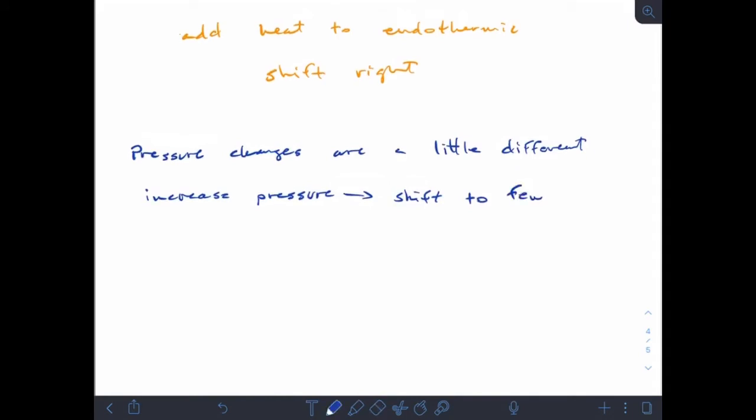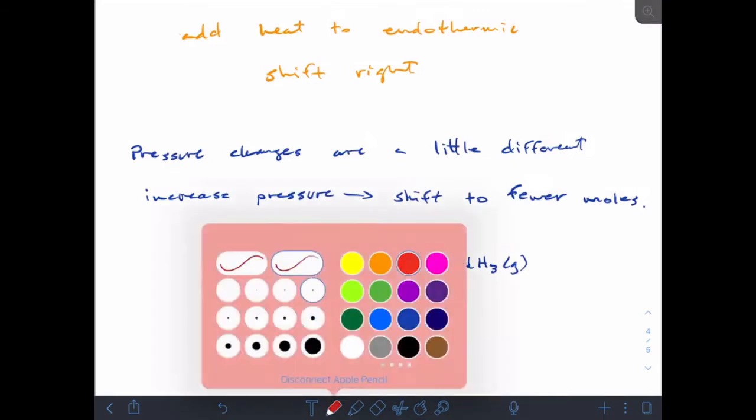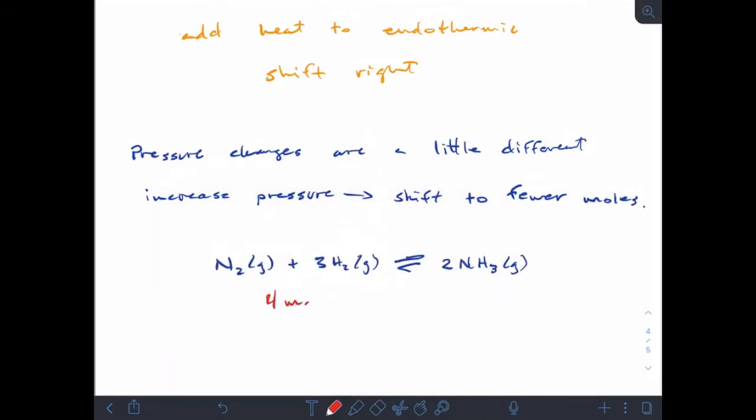Okay, so looking back at our ammonia reaction, on the left side of the equation, I have a total of 4 moles of gas, right?